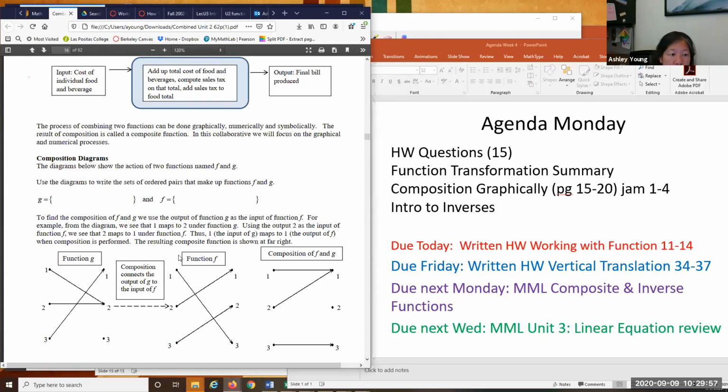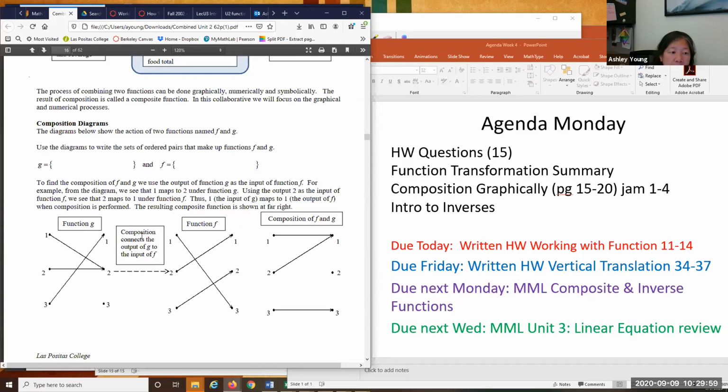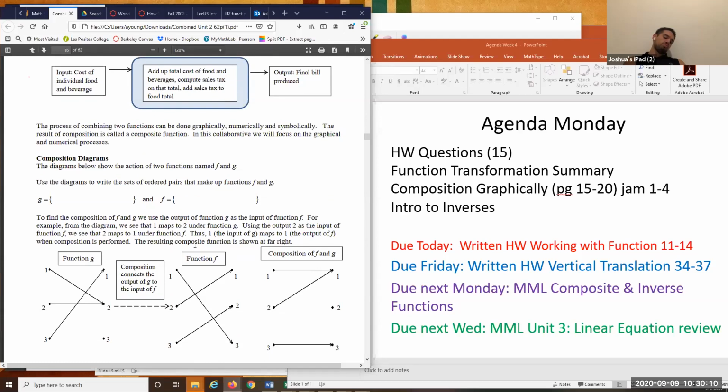So let's see. The first one, g. 1 goes where? To 2. Yeah, 1 goes to 2. So I'm going to put that into my little annotation. You guys should too.